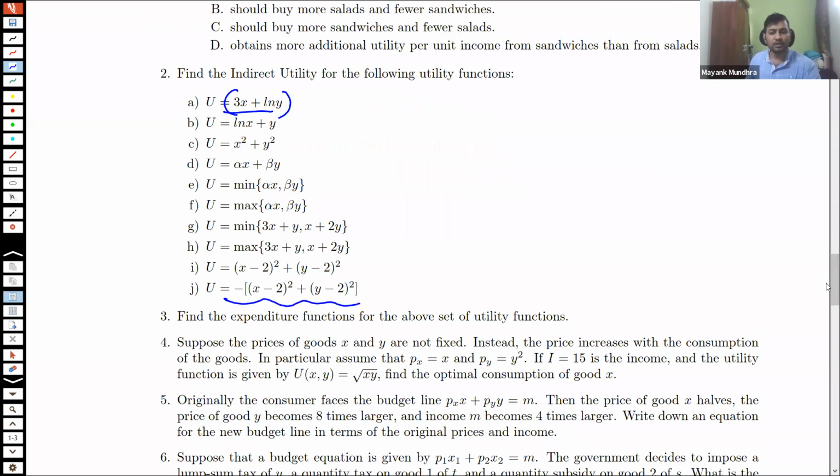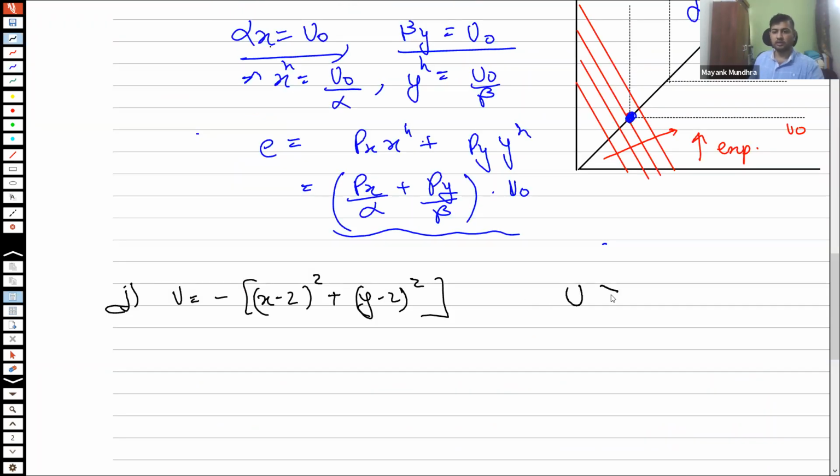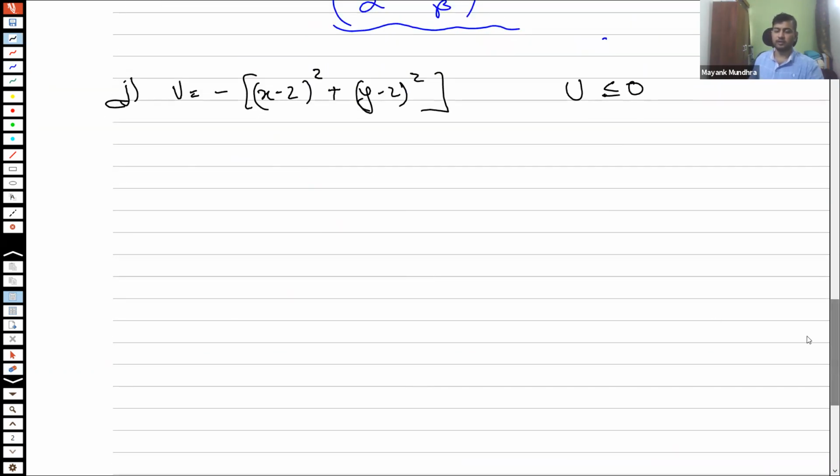So utility values are going to be definitely negative. Nothing other than negative is possible. 0 and negative, they cannot be positive. So utility has to be less than or equal to 0. That is the case for this particular utility.